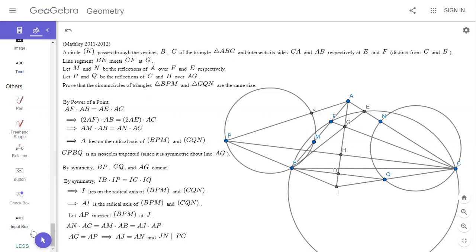And so that means J, P, and B are the reflections of C, N, and Q over AG.